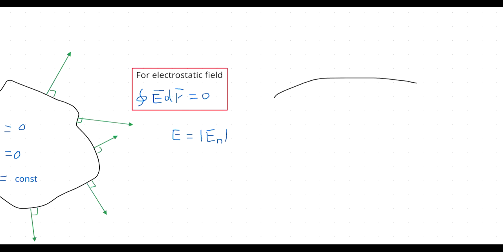And let's use the Gauss-Flux theorem for the electric displacement vector. And I will choose a Gauss surface. I will choose a closed surface as a surface of cylinder, a little cylinder.